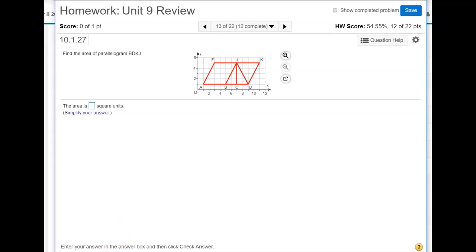This one says we're looking for the area of a parallelogram. So again, starting with our formula, we have area equals base times height. We need to go find the length of the base.